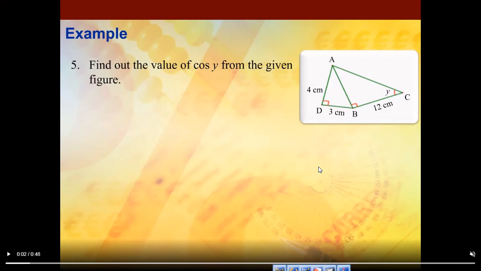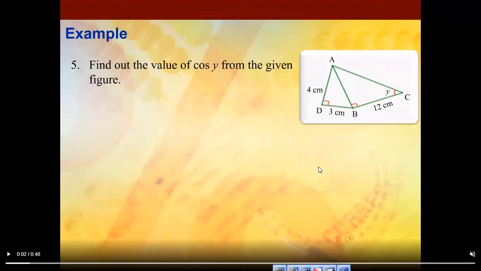Now children, when you observe the figure, how do we find cos y? To find cos y, we need to look at the right angle triangle ABC. Can you tell me, children, cos y is equal to the side adjacent to angle y by hypotenuse. Now here in triangle ABC, which is the side adjacent to angle y?